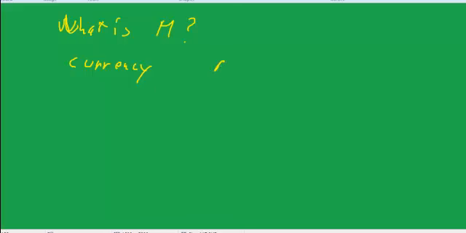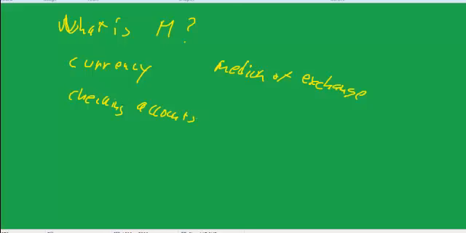Remember, we want to focus on medium of exchange. And even 50 years ago, a big medium of exchange consisted of money in checking accounts. That could be used to make exchanges. And some people pointed out that it was very easy to move money from savings to checkings, so some people argued we also should include savings accounts.